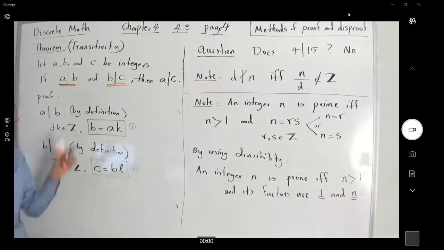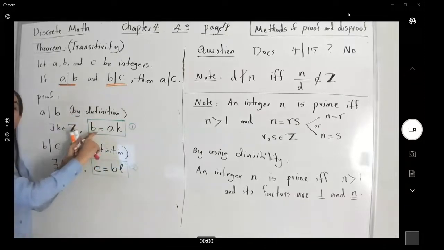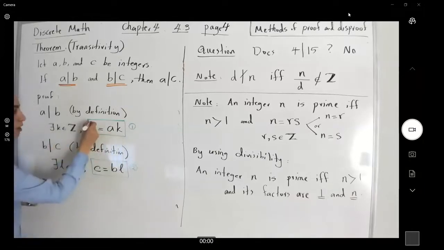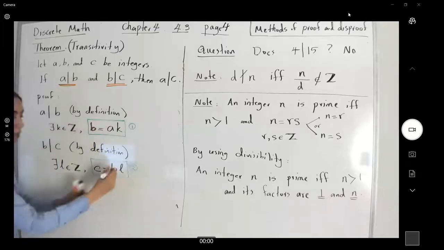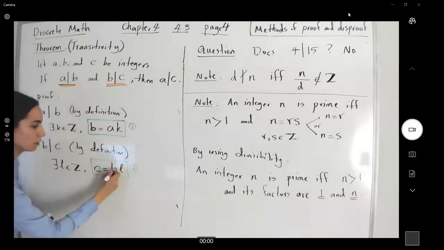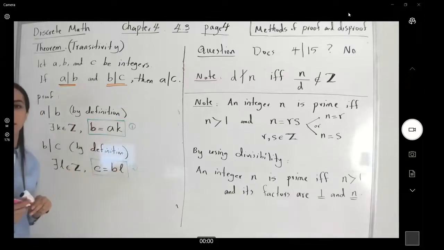Take a look at these two boxes here. I know from box 1 that B is A times K. So I have B right here, and in the second box, I also have B. Just substitute that.